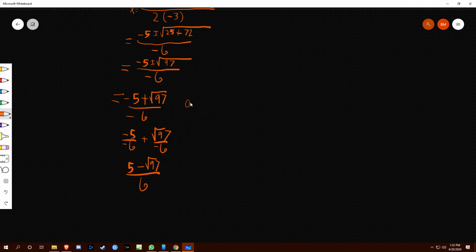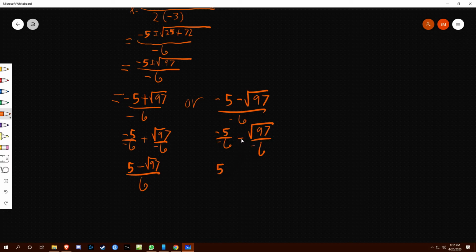And then the other option was negative 5 minus square root of 97 divided by negative 6. So we have negative 5 over negative 6 minus square root of 97 over negative 6. Again, this makes it positive, and this negative turns positive as well.